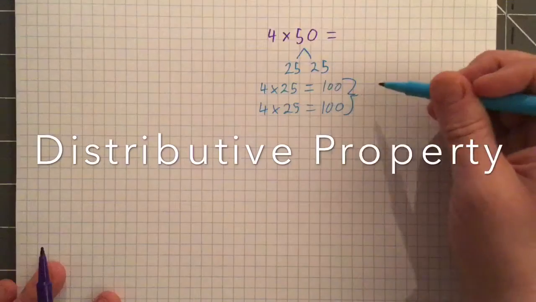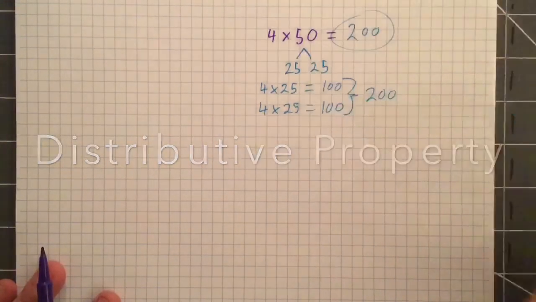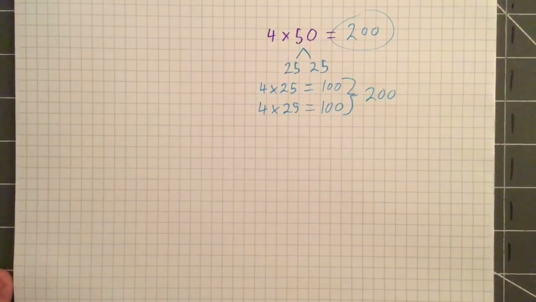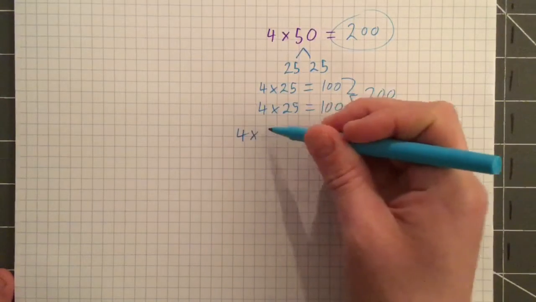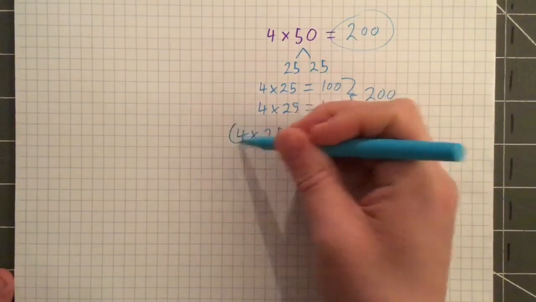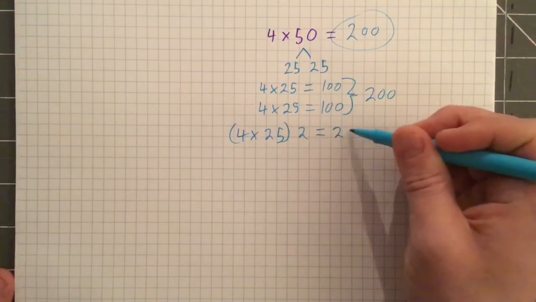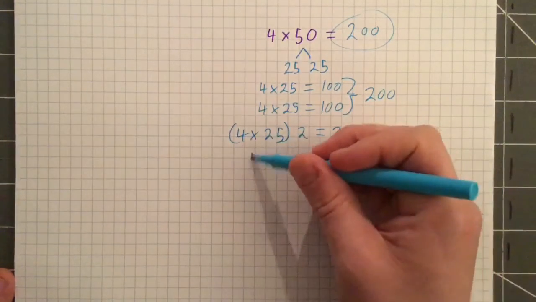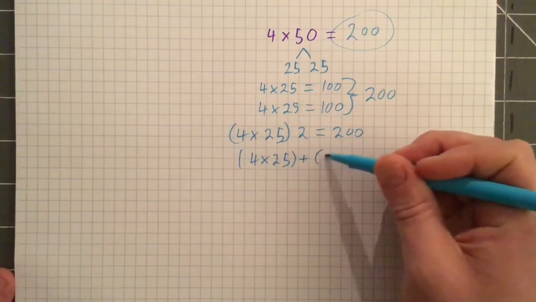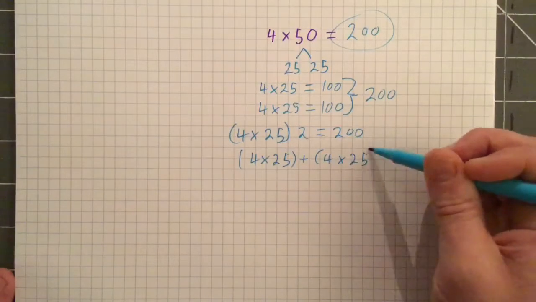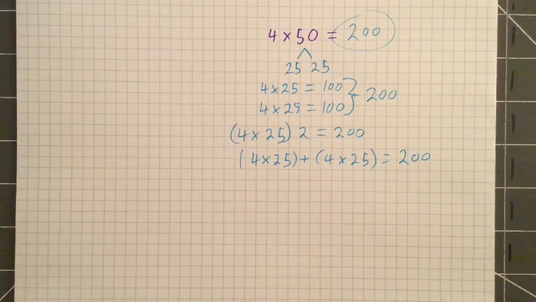Add those two hundreds together, and you end up with your answer of 200. Written out, this would look like 4 times 25, in parentheses, times 2 equals 200. Or 4 times 25 plus 4 times 25 equals 200. That is the distributive property.